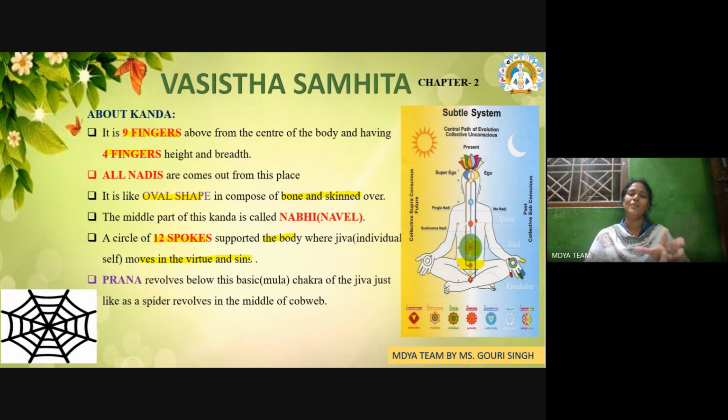Because of that place only, the jiva comes and moves again and again in the circle of virtue and sins. Which area is this? The kanda area. The middle of the kanda is where? In the navel region. Which chakra is associated with this area?